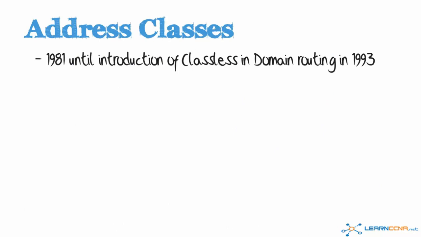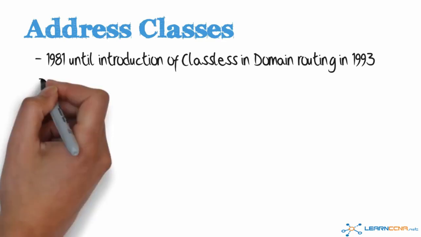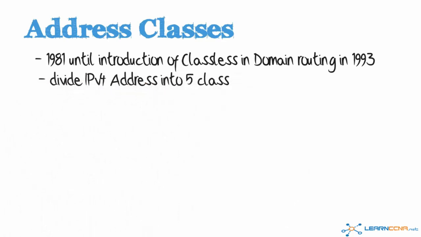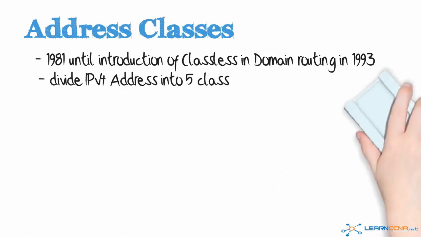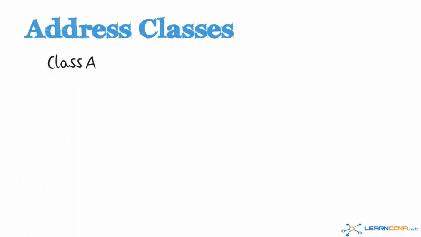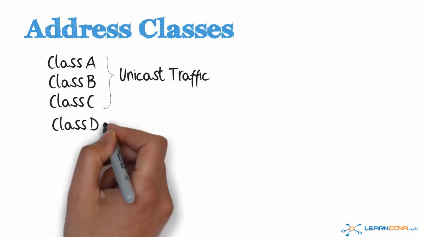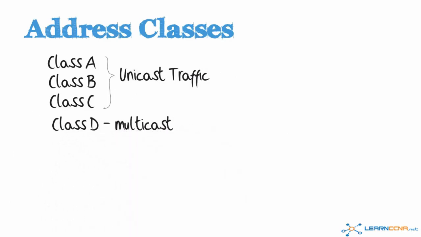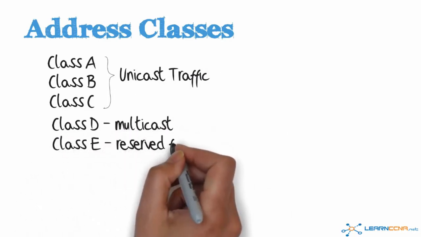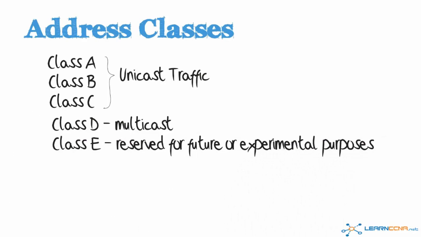Prior to 1993, address classes were used to divide the IP version 4 address space into 5 address classes. The 3 that we're going to concentrate on here are class A, B, and C, which are used for unicast traffic. Class D is used for multicast, and Class E is reserved for future or experimental purposes.